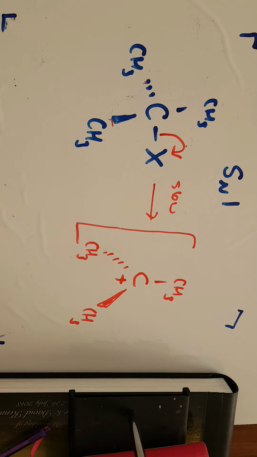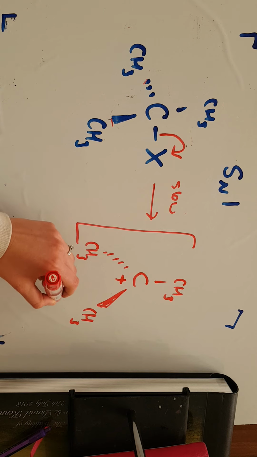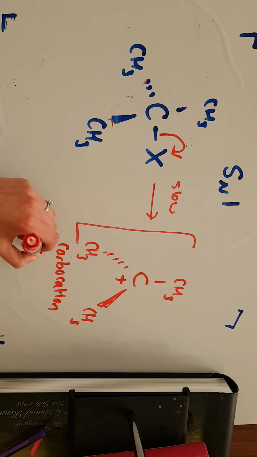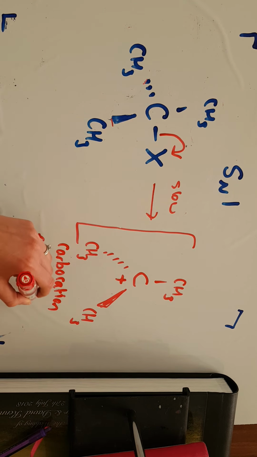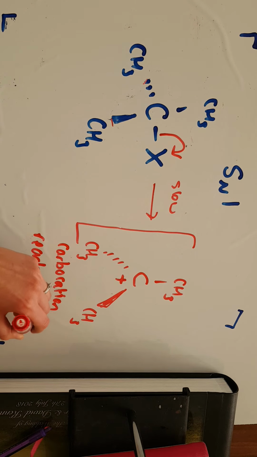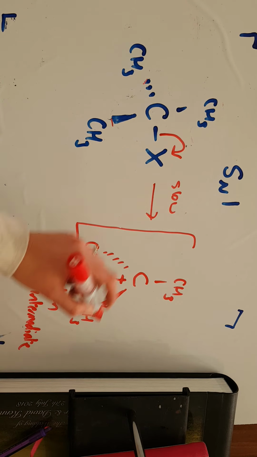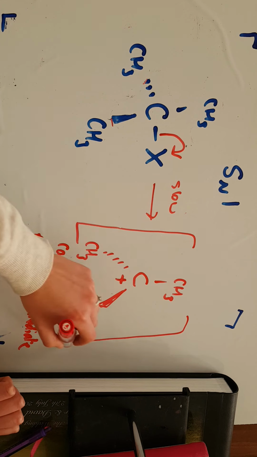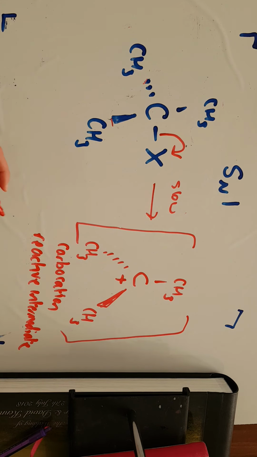And we call this a carbocation reactive intermediate. Not forgetting as well to put our halogen that we have lost here.